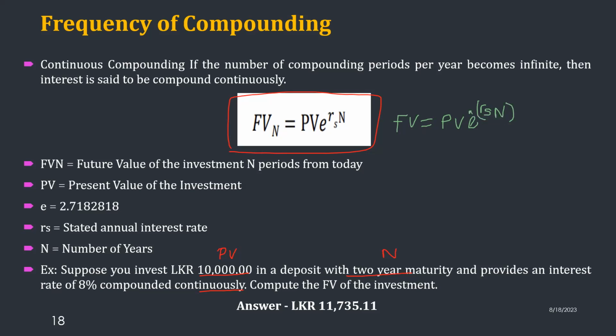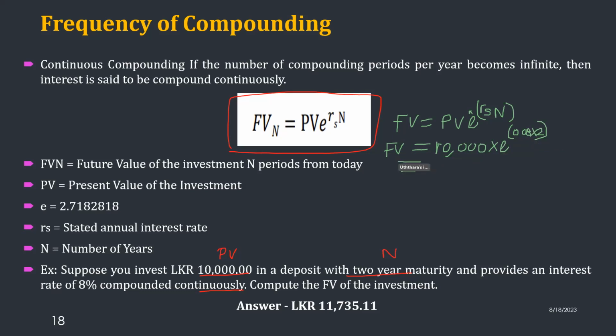Then future value equals present value, 10,000, into e to the power of R, which is 0.08, times 2 years.